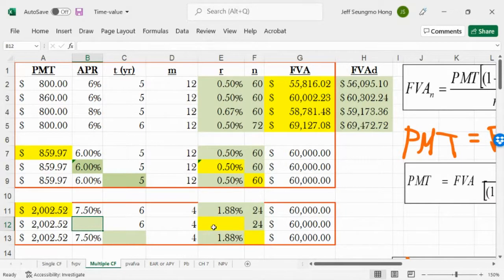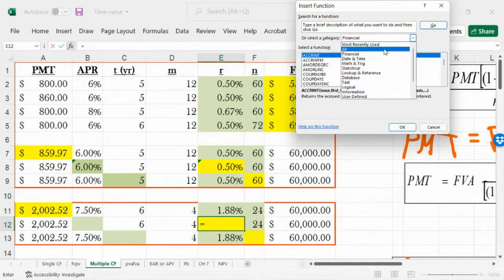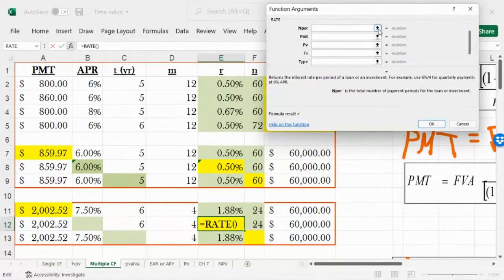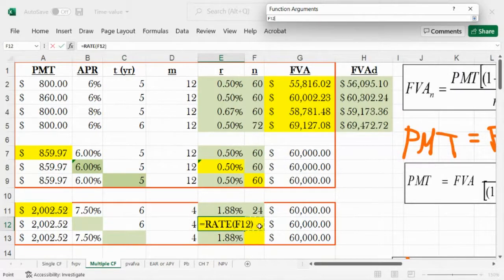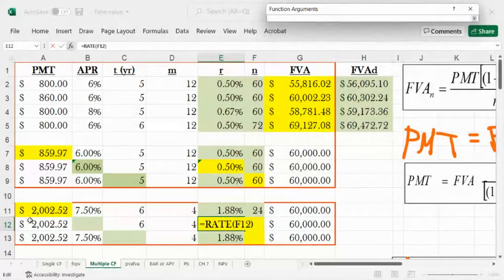All right, so for this one, we need to use the rate function. So just to get used to it, let's go to rate and give it what it's asking for. N, okay, give it N. Payment.